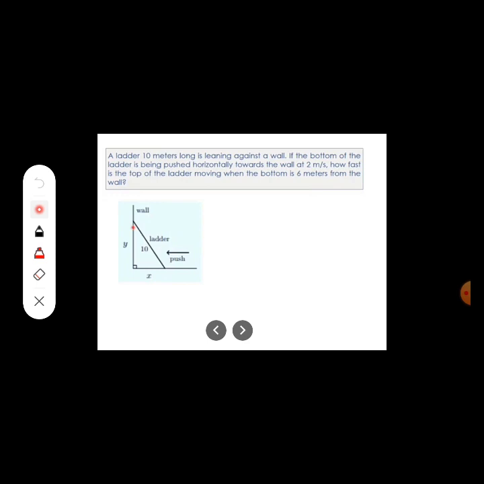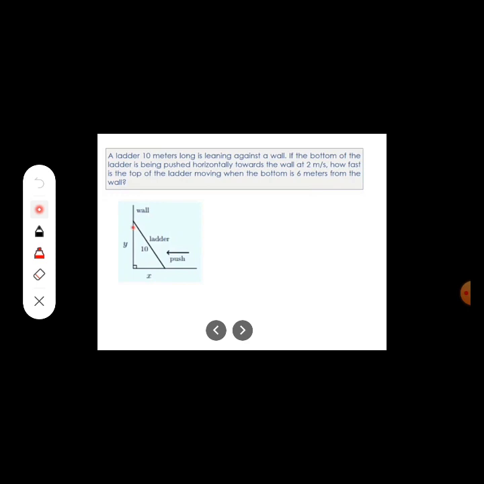First, we're going to provide an illustration. After that, we're going to identify these quantities and represent them using variables. Our x is the distance between the bottom of the ladder and the wall. Then our y is the distance between the top of the ladder and the ground.